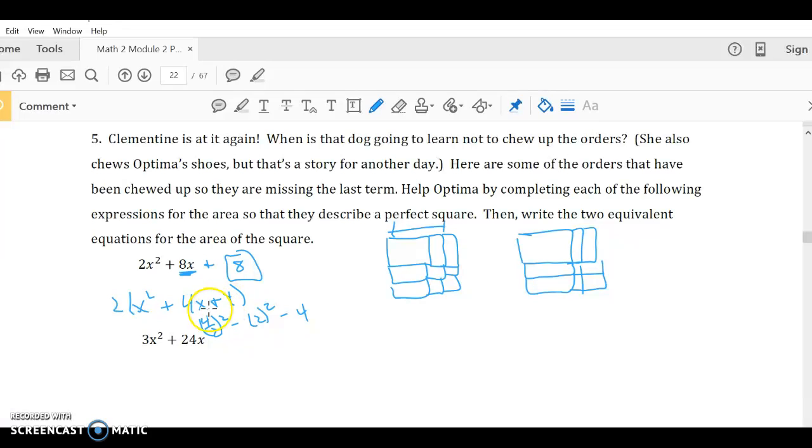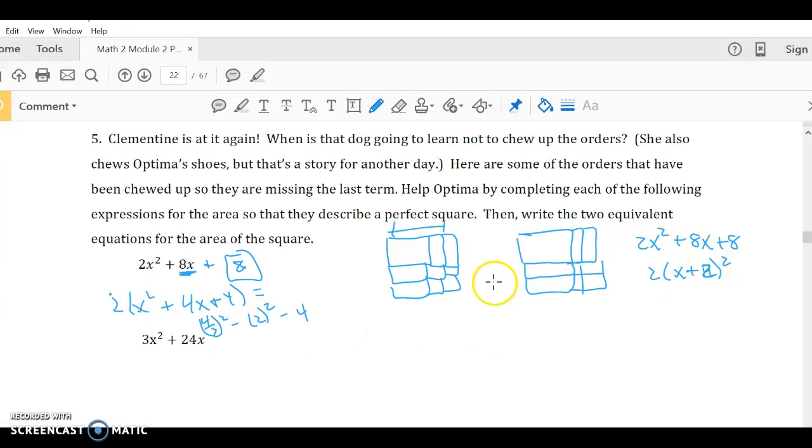But if I have 2 of them, 2 times x squared is 2x squared, 2 times 4x is 8x, 2 times 4 is 8. So we have to add 8 here to complete the square. So now, one equivalent expression would be 2x squared plus 8x plus 8, but this would simplify to 2 times x plus 4, or sorry, x plus 2, all squared.